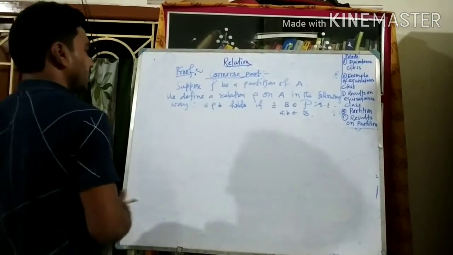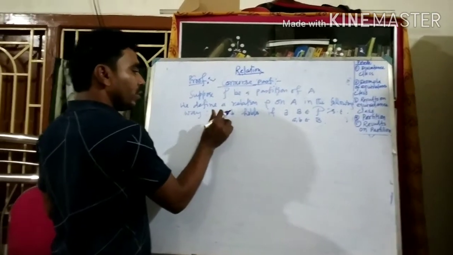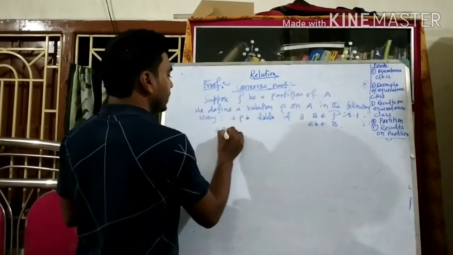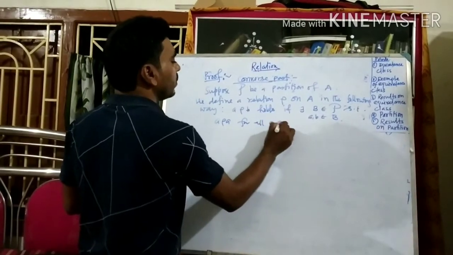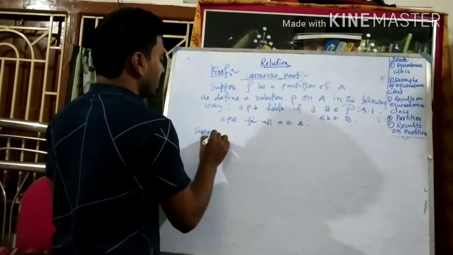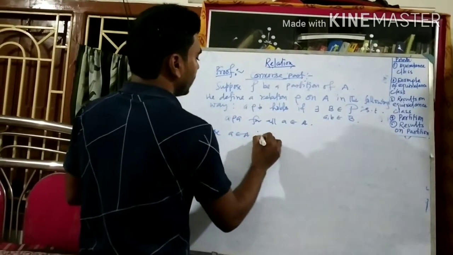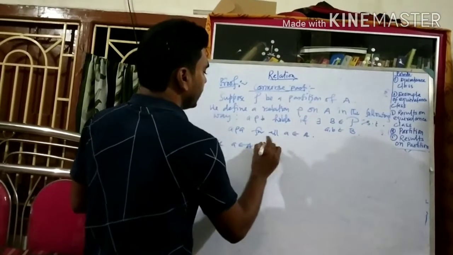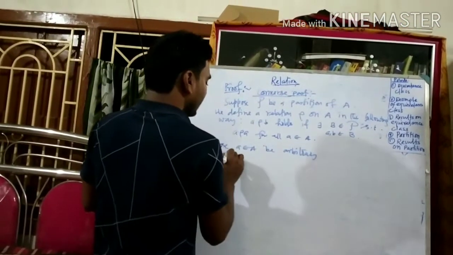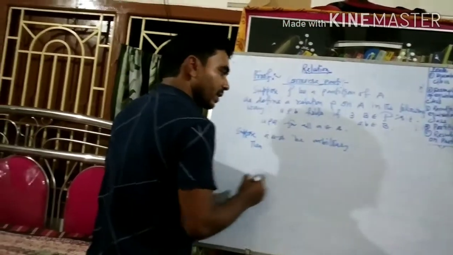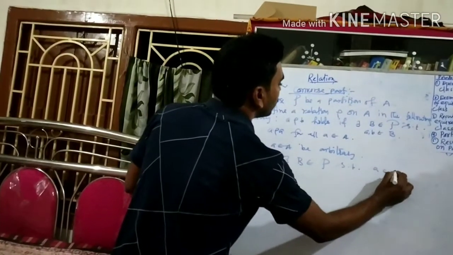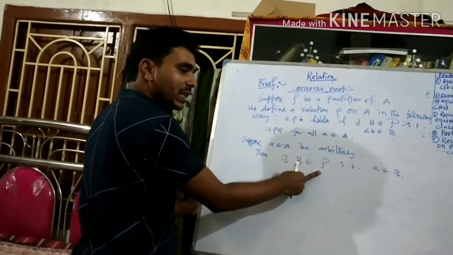Okay. Now we show that rho is an equivalence relation. For that, we have to show that A is related to A for all A belongs to A. And this is trivial. Suppose A belongs to A arbitrarily. Then there exists some element B belongs to P such that A belongs to B, because P is a partition.